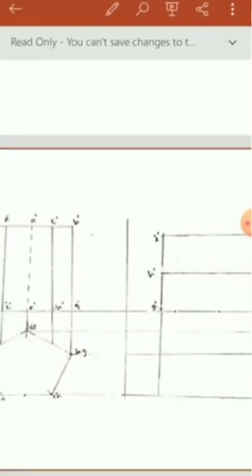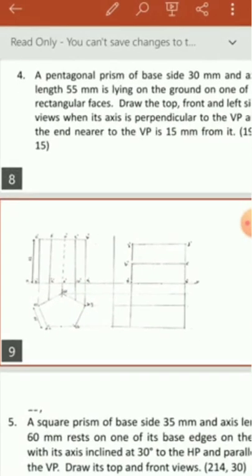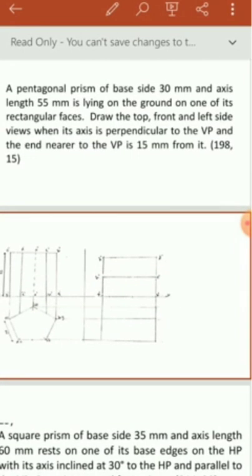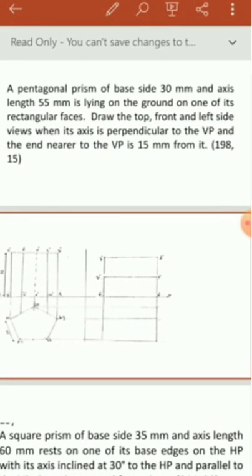In the question they gave that we draw the top, front and left side views. They are asking to draw the left side view when its axis is perpendicular to VP and the end nearer to VP is 15 mm from it. We have drawn the top view and front view, and they are asking for the left side view.